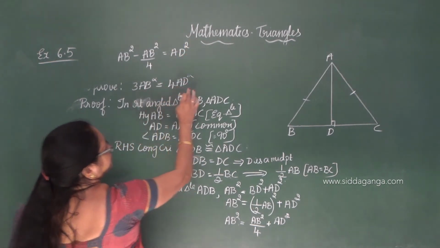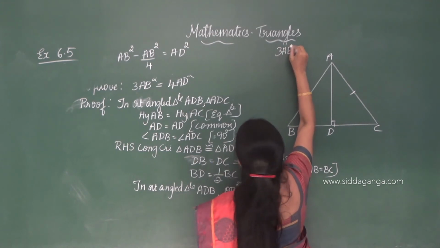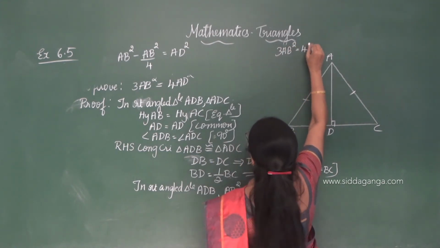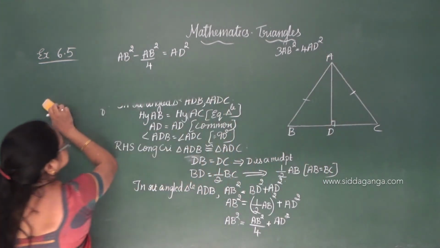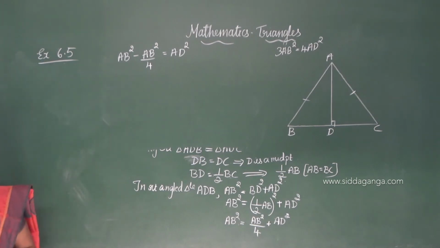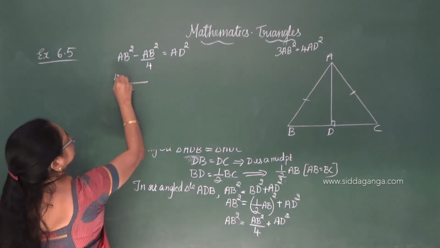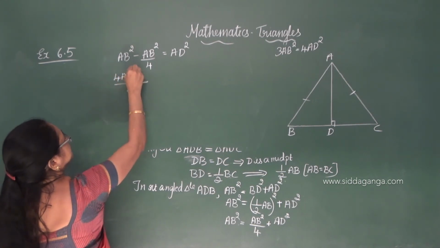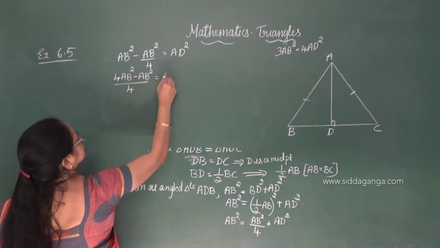Okay, what I want to prove, I will write here: AB square is equal to 4 AD square. Now, just observe carefully. 4 is the LCM. So, 4 AB square minus AB square is equal to AD square.